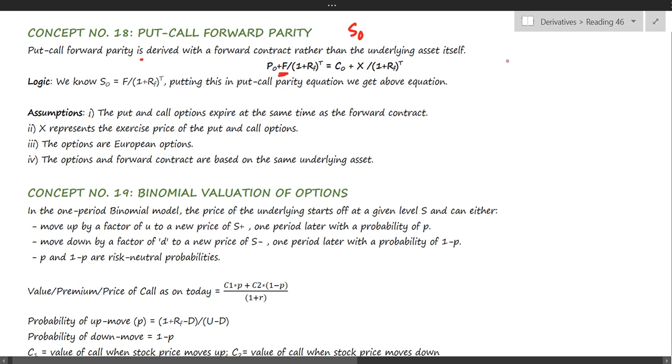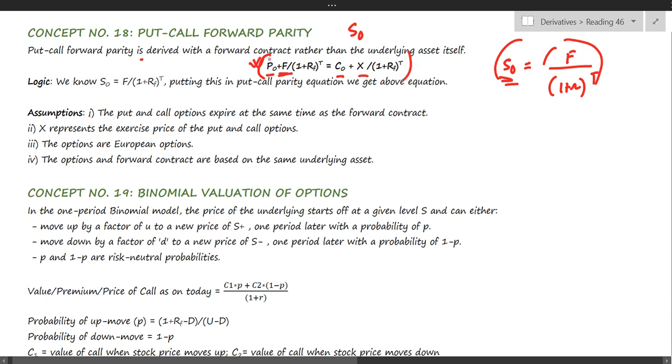In the beginning of this reading, we have seen that S0 can be written as F divided by (1 plus R) to the power T. If we replace the value of S0 with this in the put call parity equation, then what we get is the put call forward parity. So mechanically speaking, the derivation of this equation is so simple.